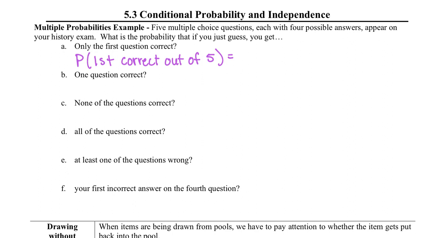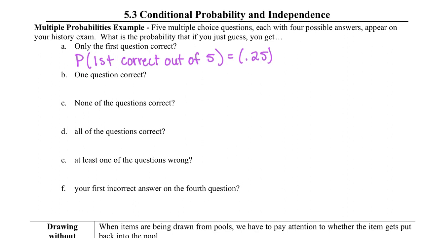We only are going to get the first one correct, but that means that we're going to get the other 4 incorrect. So out of 4 possibilities, the probability of getting 1 correct is 0.25, and the probability of getting something incorrect is 0.75.